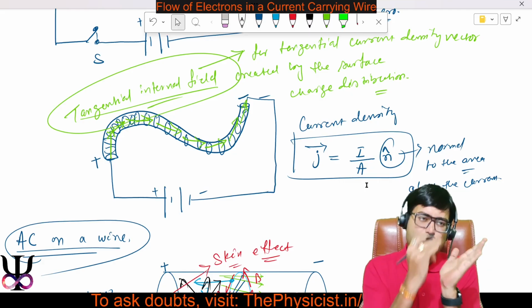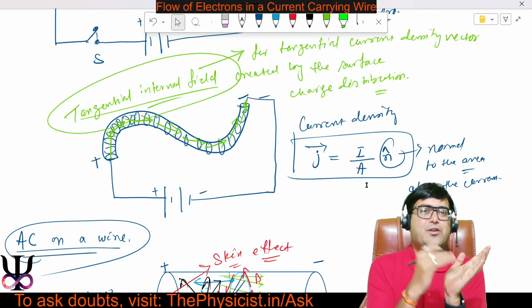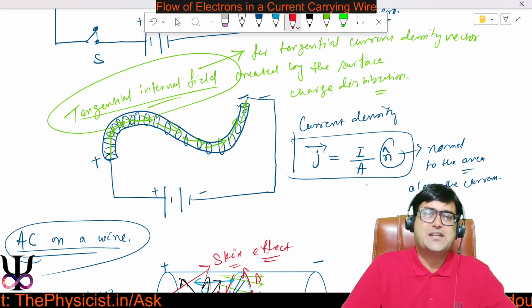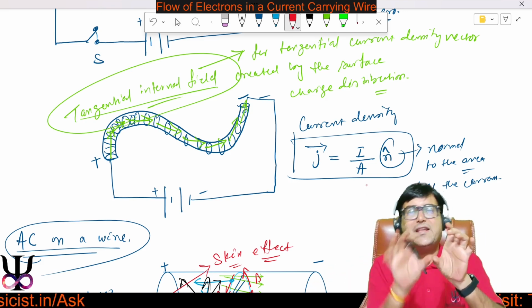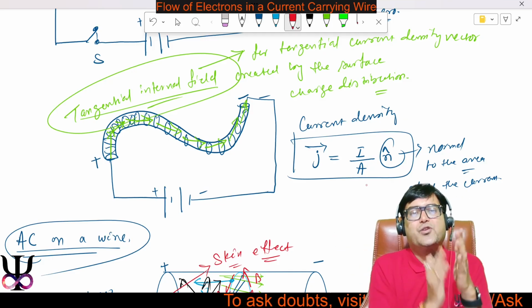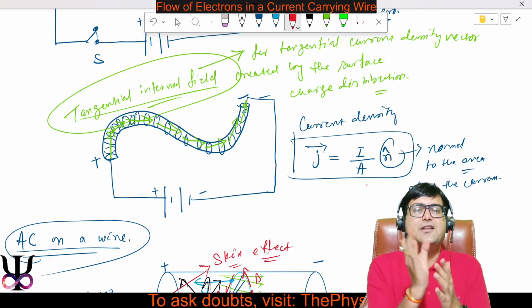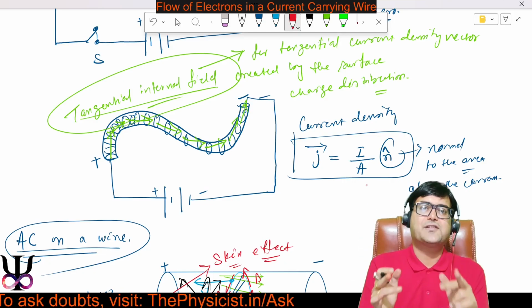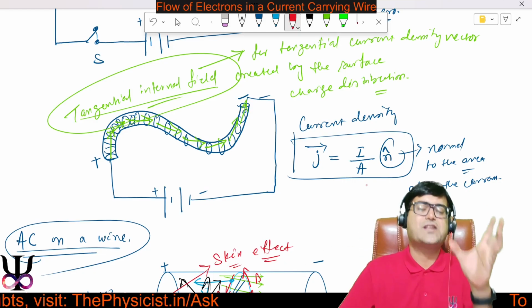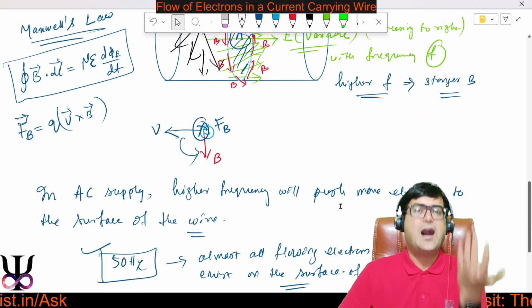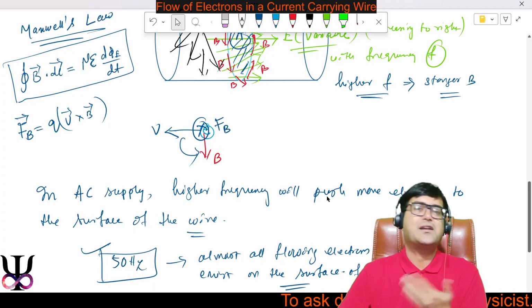The rings are so small that the bending of the wire has no effect on it. These rings automatically readjust their position so that they always produce an electric field that is tangential to the wire, whether it's AC or DC. However, the difference is that in DC, most of the electrons flow inside the wire, and in AC, most of the electrons flow outside the wire. Exactly how much depends on the frequency.